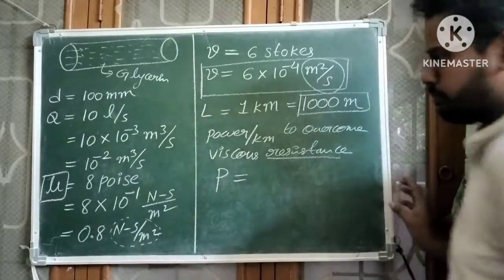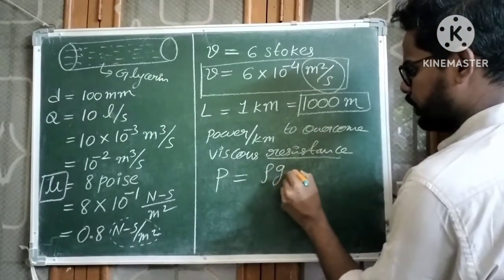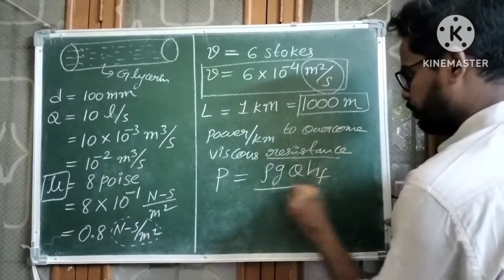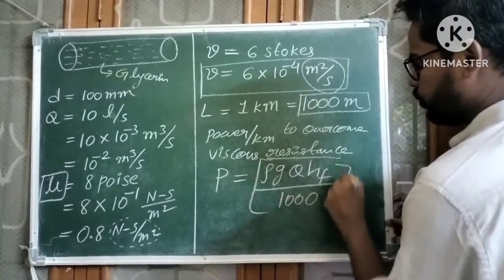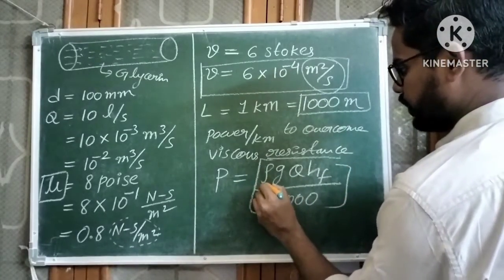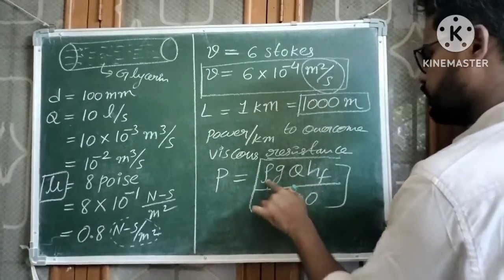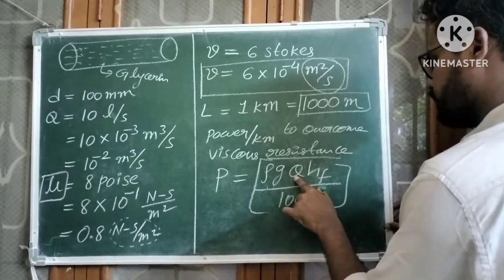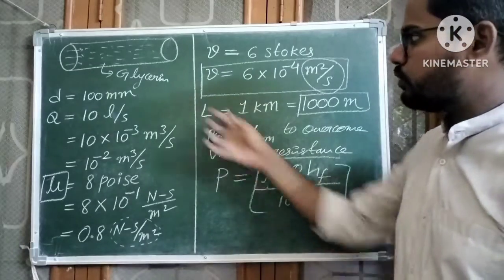The general formula is power equals rho g Q hf by 1000. Here rho means density of glycerin, g means acceleration due to gravity, Q means discharge, and hf means head loss due to friction.